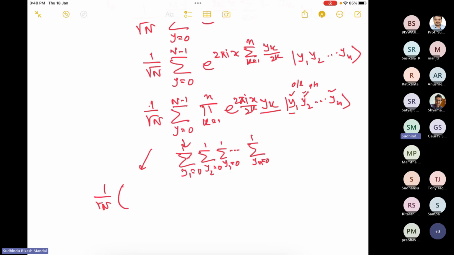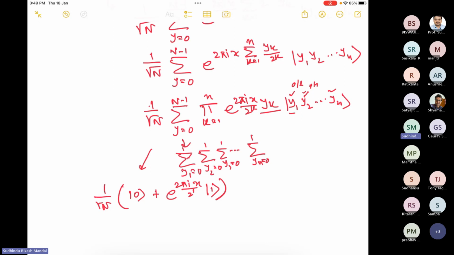For the first qubit, the qubit can be in the 0 or 1 state. For y equal to 0, if I put y equal to 0 there, the exponential term vanishes, so the first term is just 0. Plus e to the power 2 pi i x. Now k is 1 for the first qubit, so that will be 2 to the power 1, and the y value is 1, so y1 comes in like this.